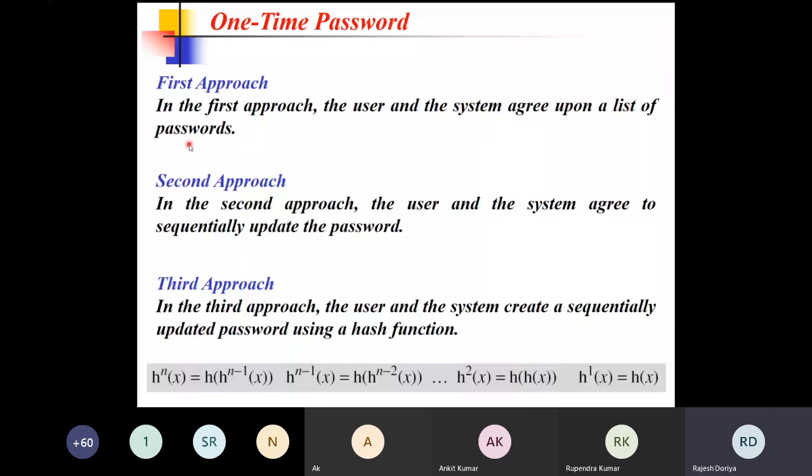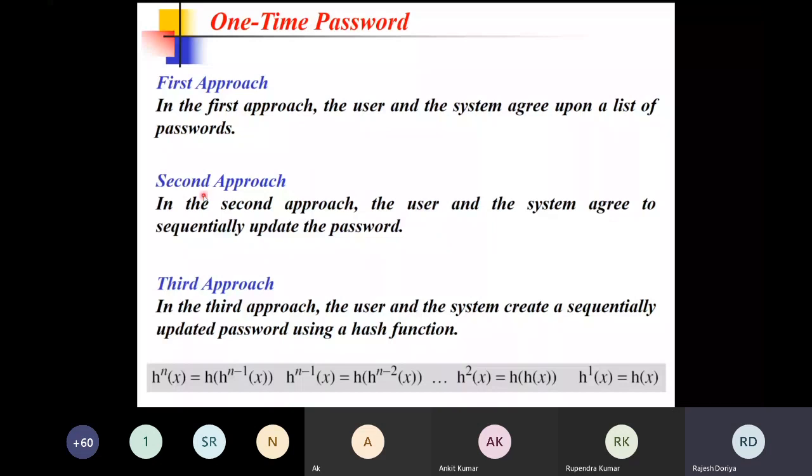In this case, the system agrees upon a fixed list of passwords, and whenever the parties want to communicate together, they use those fixed passwords. And of course they have to use those passwords in a sequential manner, otherwise they would have to search for the password.